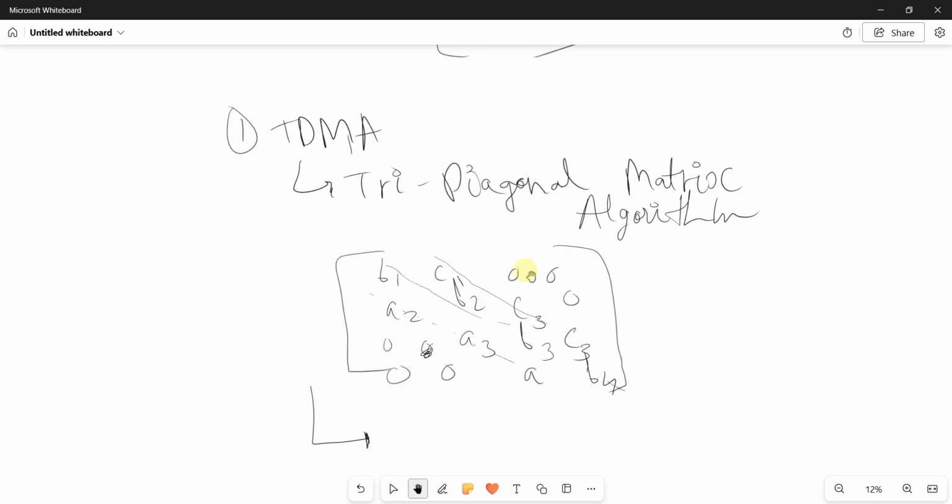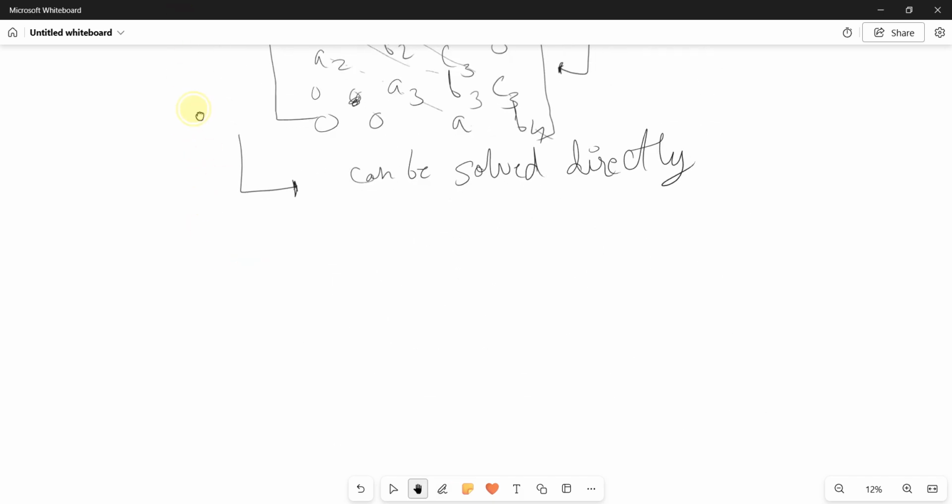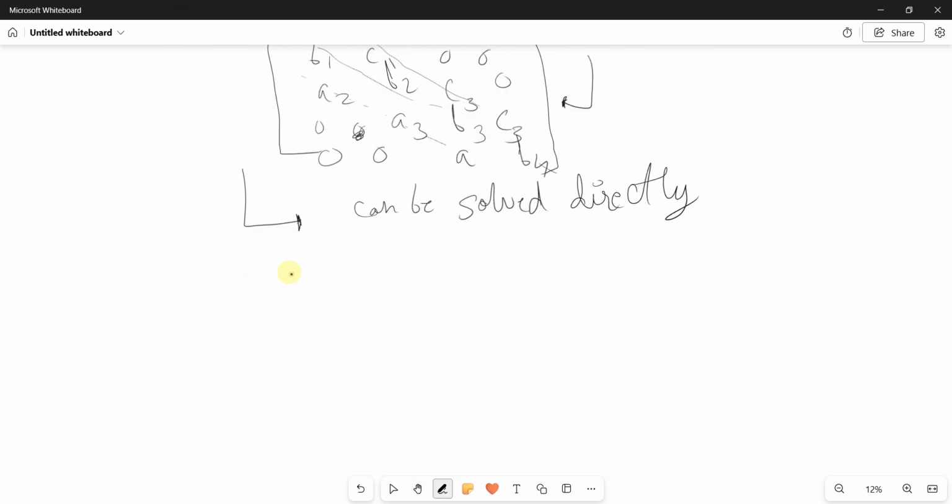So you try to convert the matrix into this form using some conditioning, preconditioning, and then you solve the equation. This can be solved directly, and this is one of the most basic ones, which honestly at this time is not much used.